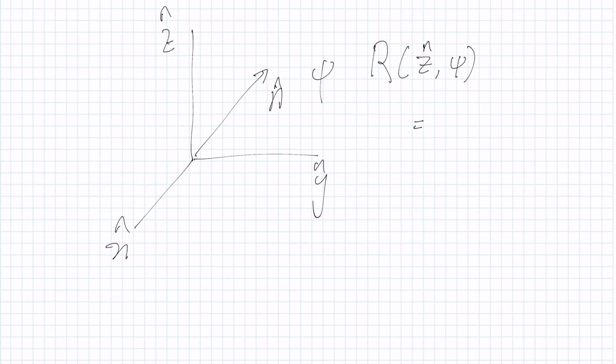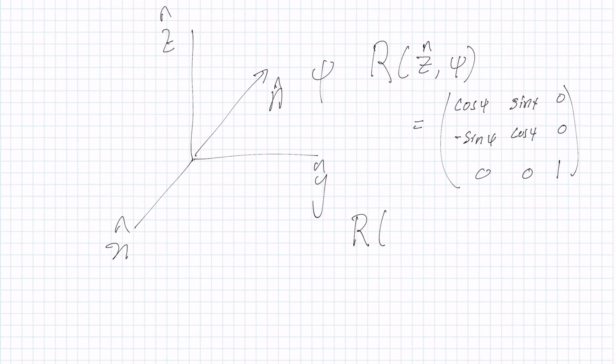All of you know that when you are rotating about the z axis, this will be 1, and this is cos psi, sin psi, 0, minus sin psi, cos psi, 0, 0, 0, 1. So this is basically the rotation about the z axis. Similarly, you can write down the rotation about the y axis.